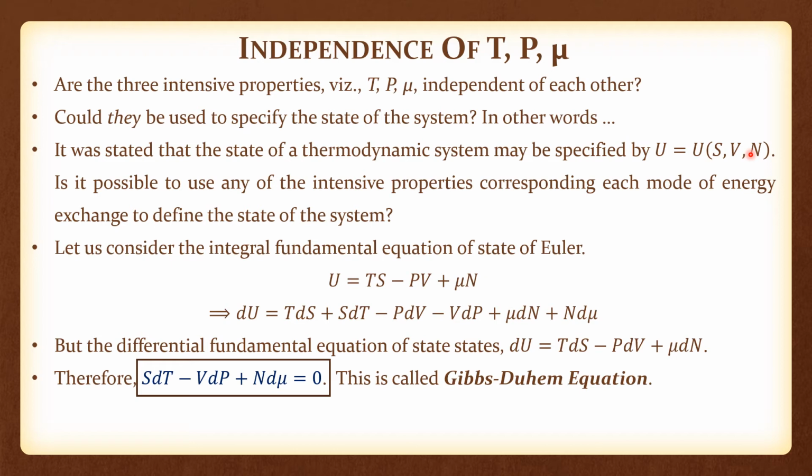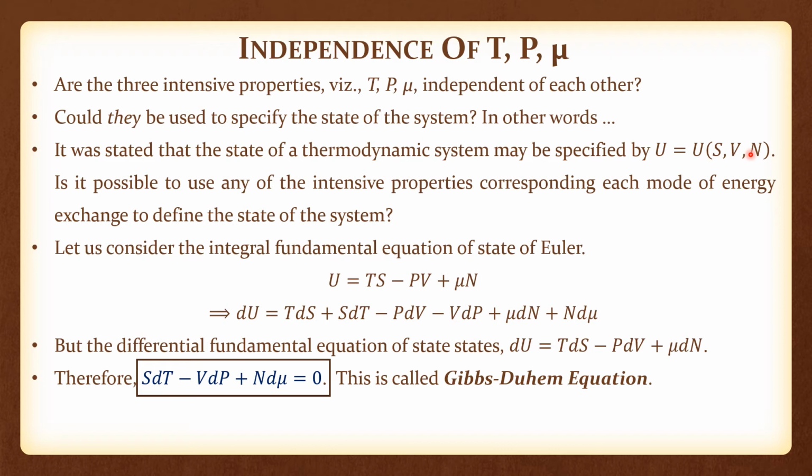You have to have at least one extensive variable that captures how big your system is. I can say that system A and system B have the same temperature as the ambient temperature, the same pressure as the ambient pressure, and the same chemical potential everywhere of whatever species, say air. Alright, but there is no way for me to know what is the size of system A and what is the size of system B.